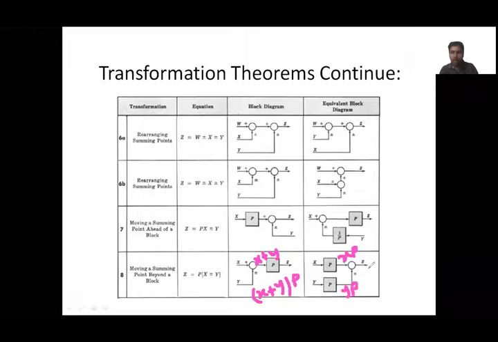After summing this, what you get here is xp plus yp. Therefore, before and after transformation both are equal. This is equal to this one. So the overall transfer function should not change. You have to keep this in mind, so that we can alter or rearrange the summing points or takeoff points.